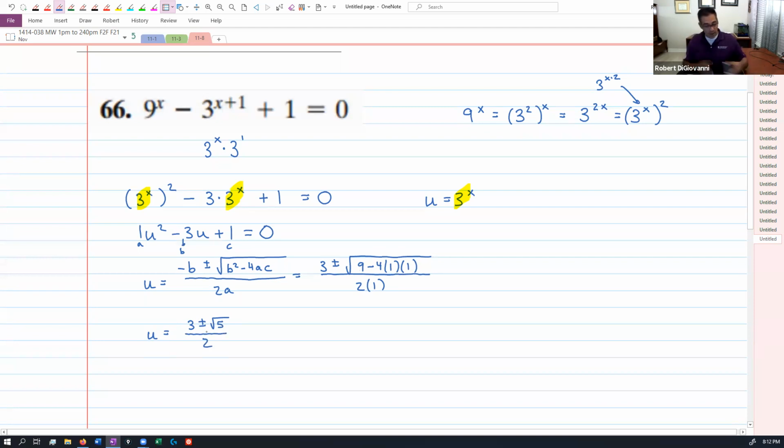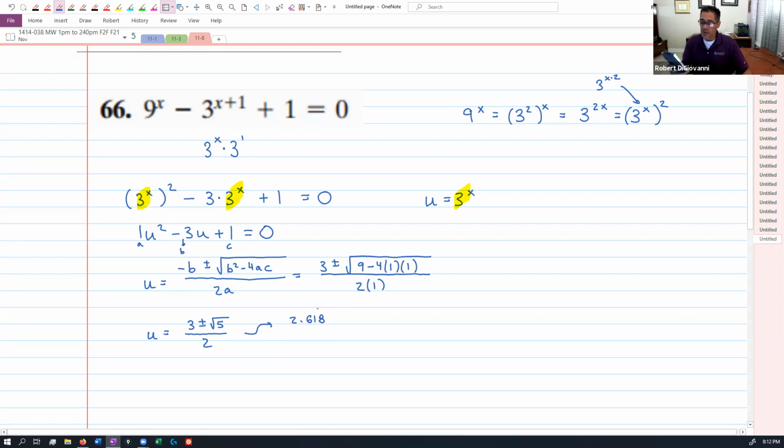And I'm going to go ahead and get those as decimals. So I'm doing 3 plus the square root of 5, and then I'm dividing that answer by 2. So one answer I get here is 2.618.